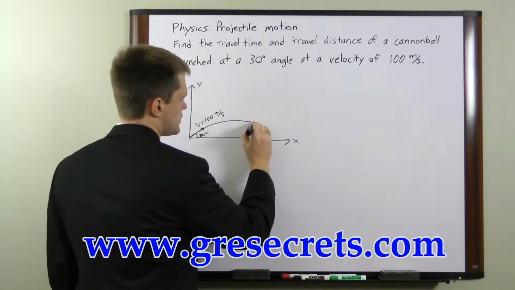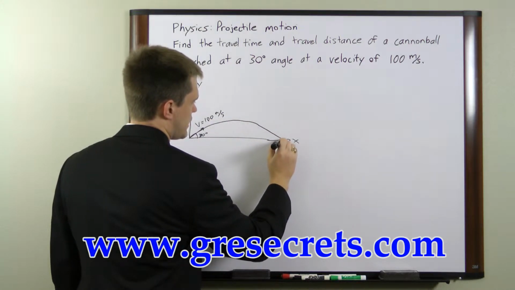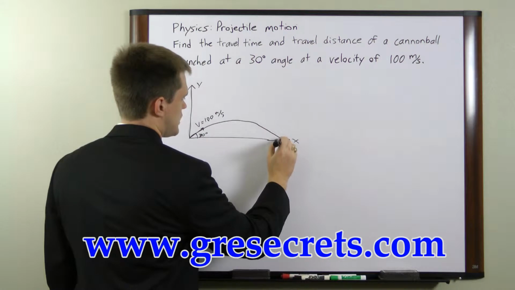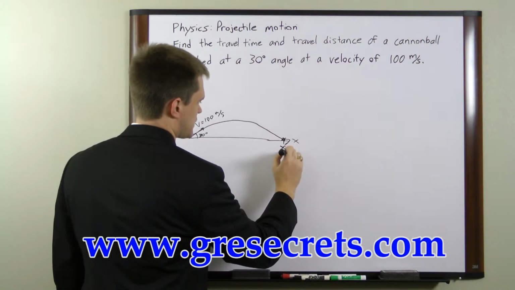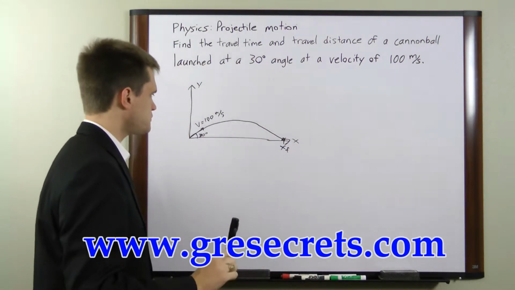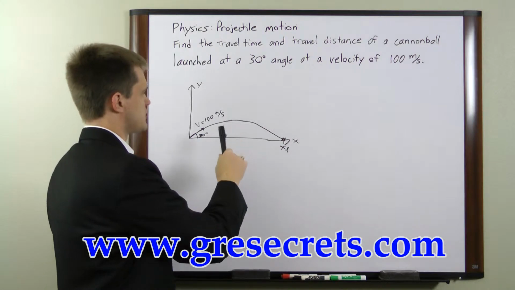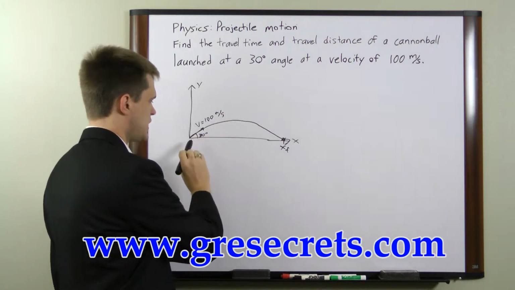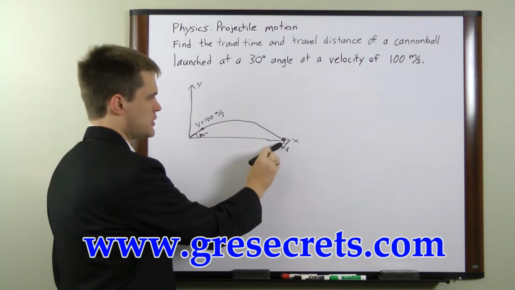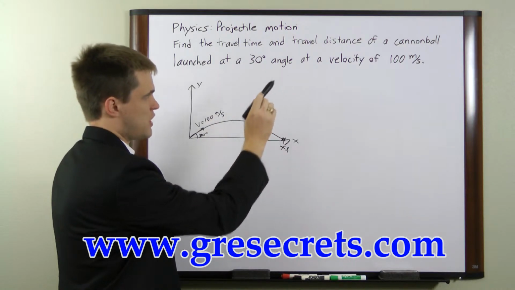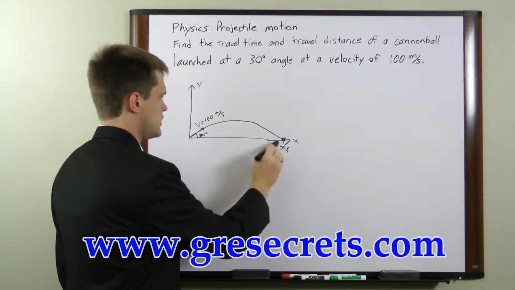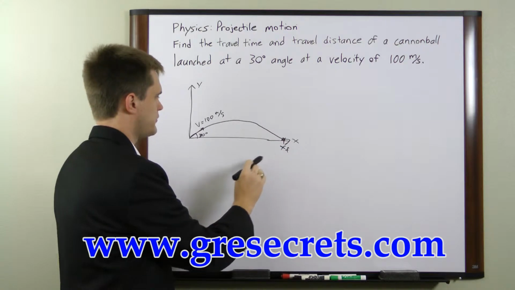It's going to come up, level out, and then come down and impact at some distance x final. And so what we're asked is to find the travel time, or the time it takes to get from here to here, as well as the travel distance, or essentially x final.